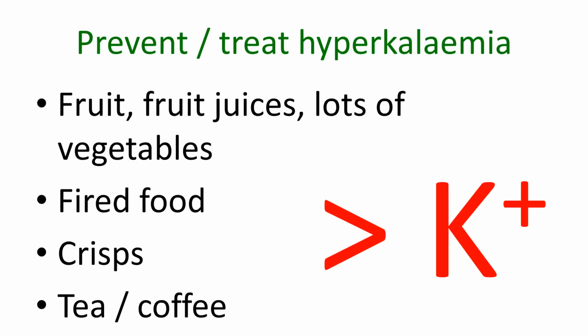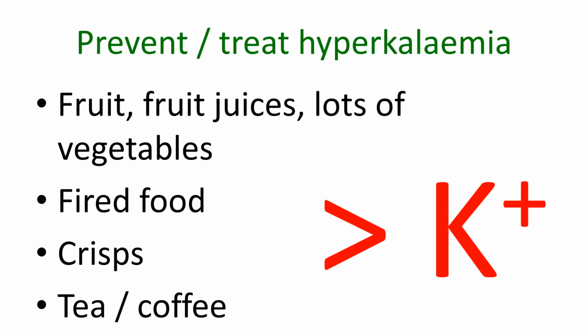So we don't want to feed them foods that contain potassium. So potassium is in fruit juices, lots of vegetables. It's in fried food and crisps, and there's some in tea and coffee as well. So we don't want the patient to be eating a lot of potassium in their diet because they can't excrete the potassium because they have a renal failure, because they have an acute kidney injury.